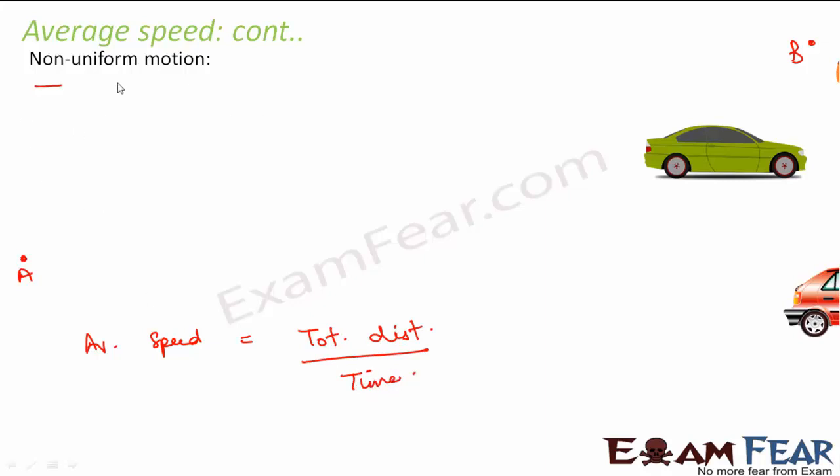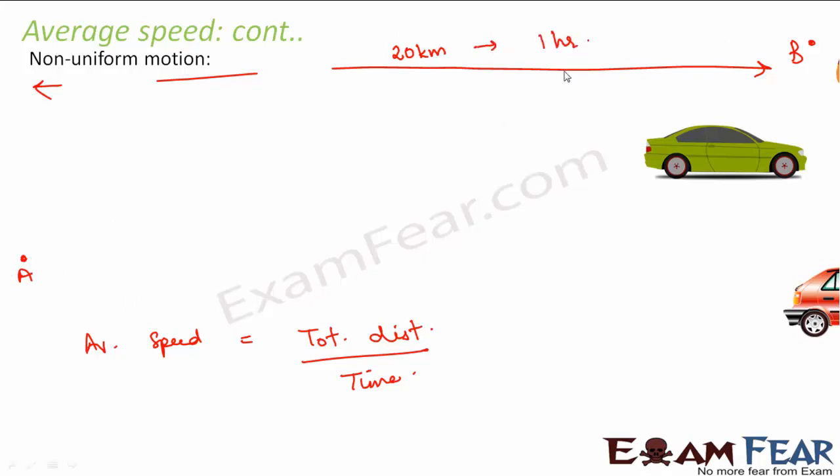Let us suppose the distance between point A and point B is 20 kilometers, and the time it took to reach from A to B is 1 hour. So the total distance is 20 kilometers divided by 1 hour, which is 20 kilometers per hour. This is my average speed for the entire journey, right?